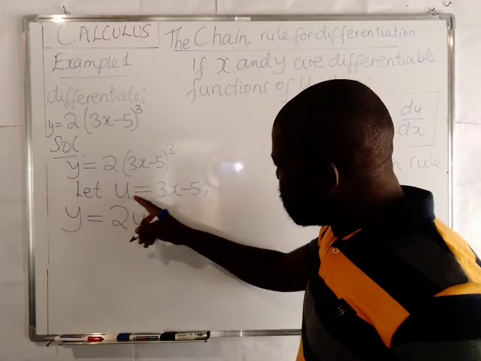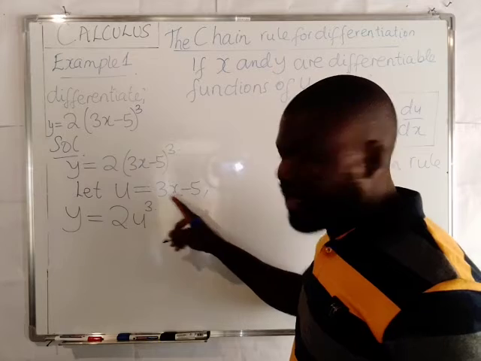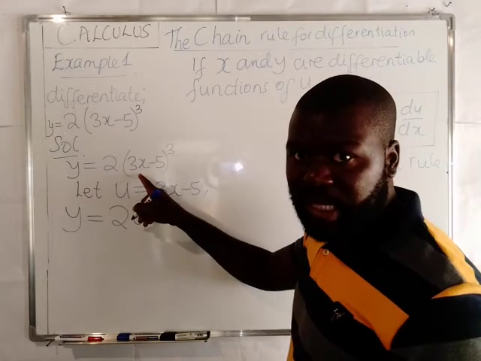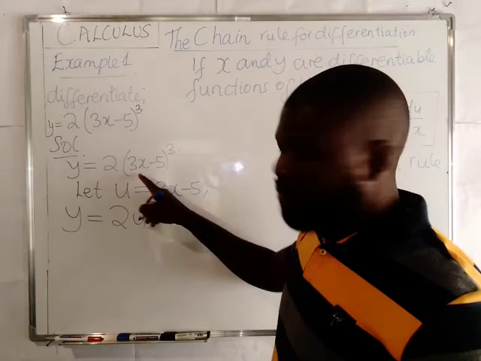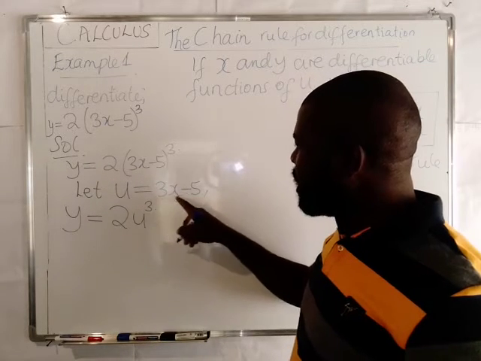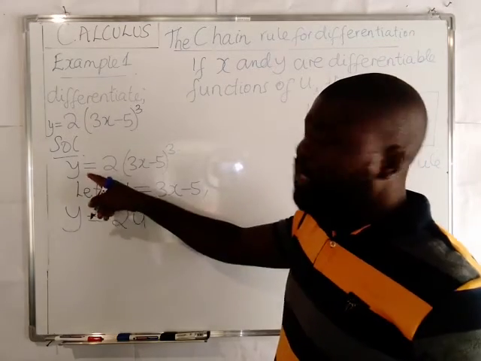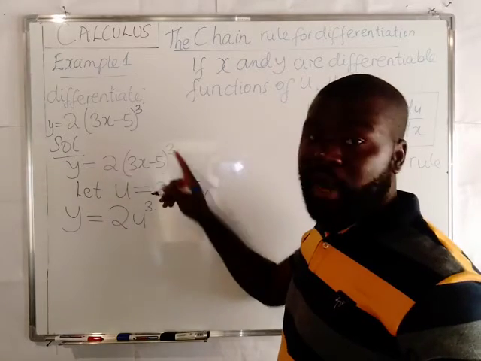So we need to find du/dx. We have u equal to 3x minus 5, and when this is u, the original function will be 2u power 3.